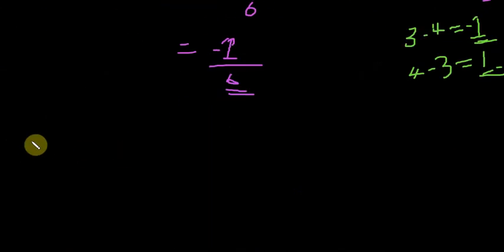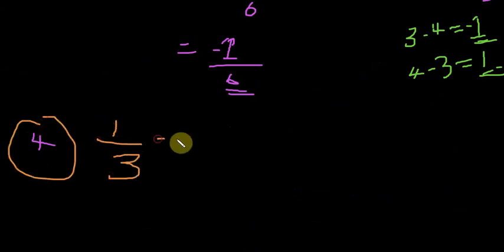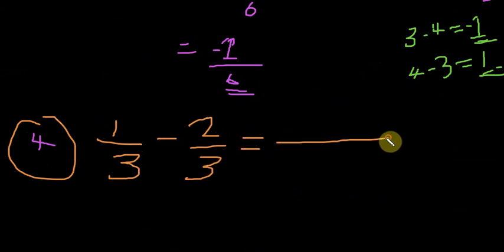Number 4, 1 over 3 minus 2 over 3 is equal to, alright, since 3 is divisible by 3, we just write our lowest common multiple as 3, because 3 is the lowest common multiple in this case. There is no need for us to multiply because 3 is divisible by 3.